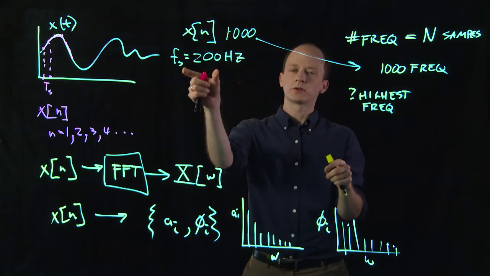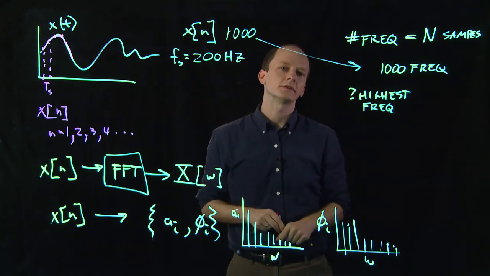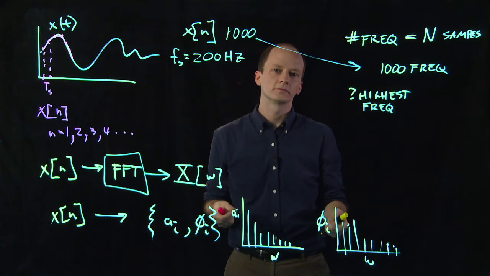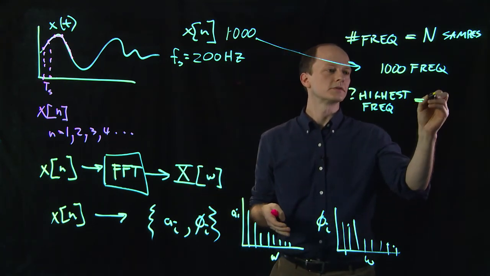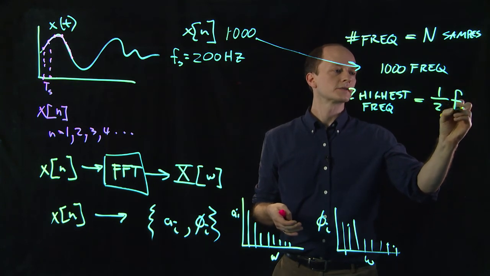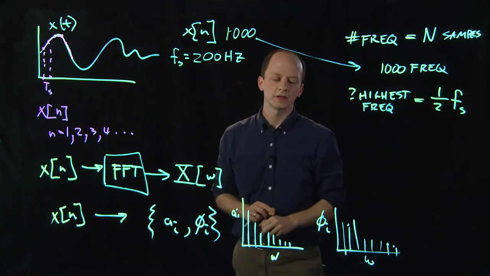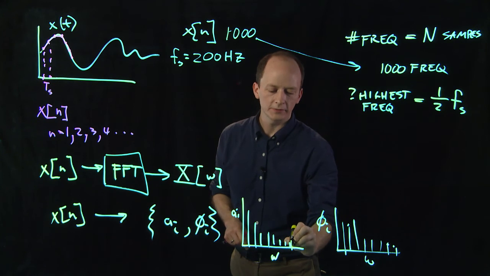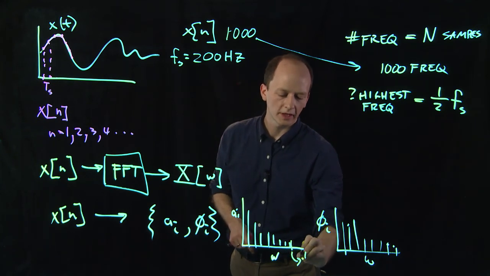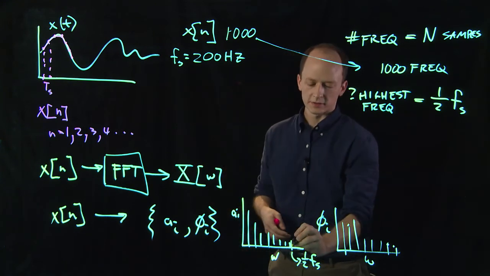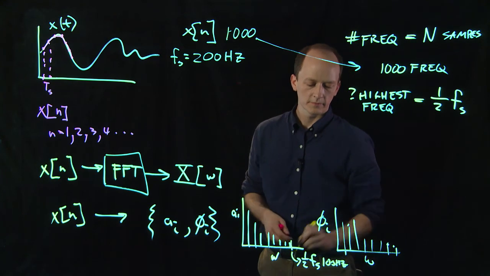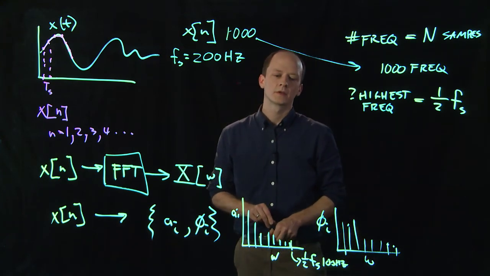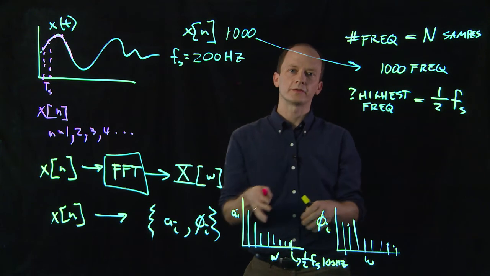Given a sampling rate, what's the highest frequency that we can see in a signal? It's the Nyquist frequency, which is equal to 1/2 of our sampling rate. So the highest frequency here on the x-axis is going to be 1/2 of our sampling frequency. In our case, it's going to be equal to 100 hertz. So this is what's returned by the FFT.